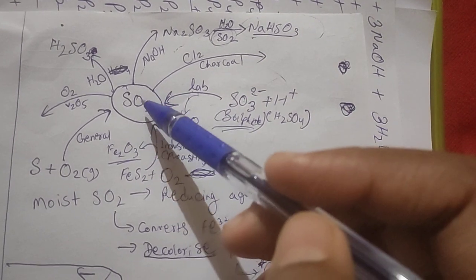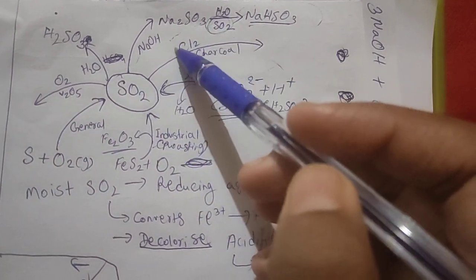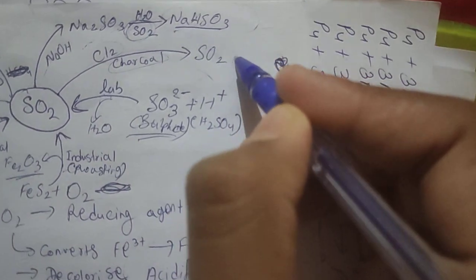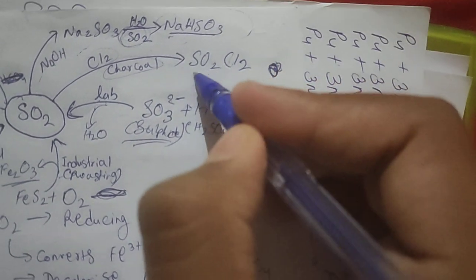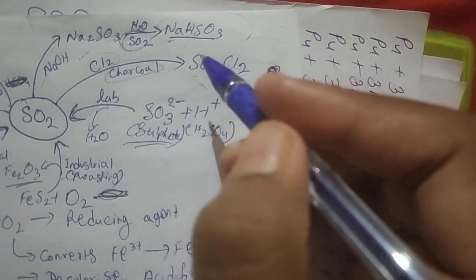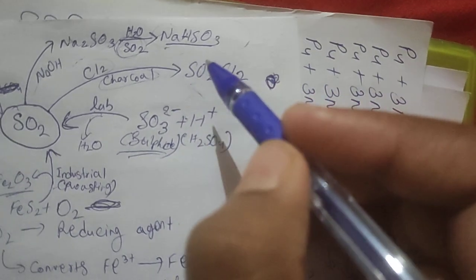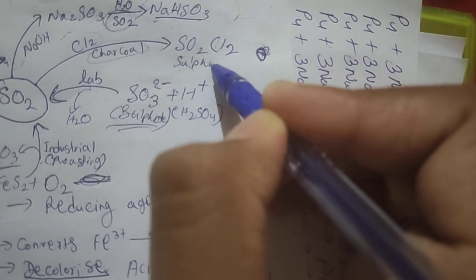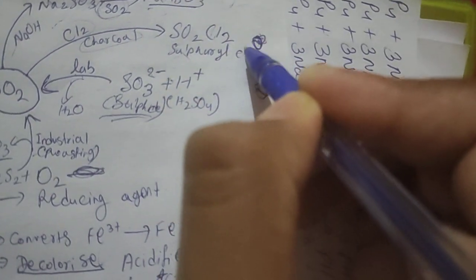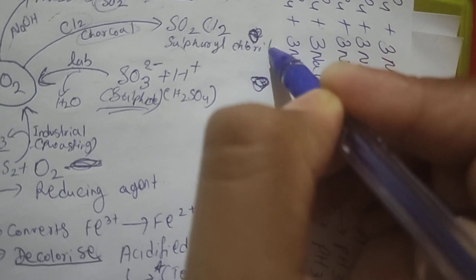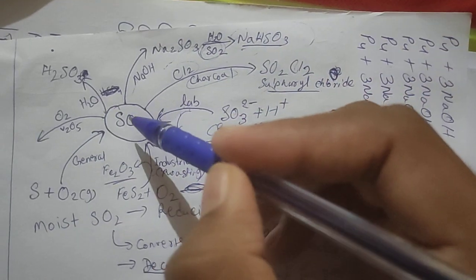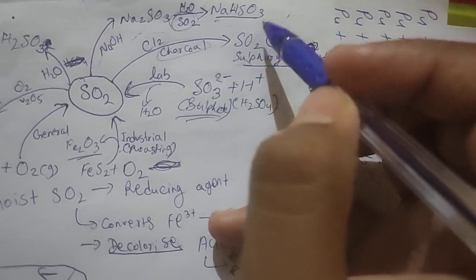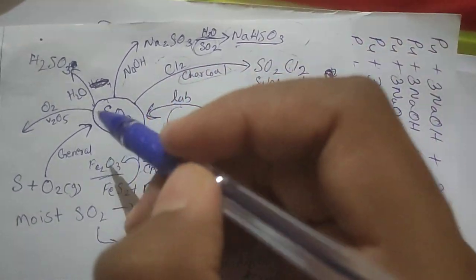Now when SO2 is reacted with chlorine in presence of charcoal, it transforms into SO2Cl2. It is called sulfuryl chloride. So in presence of charcoal with Cl2, it gives SO2Cl2, just remember.